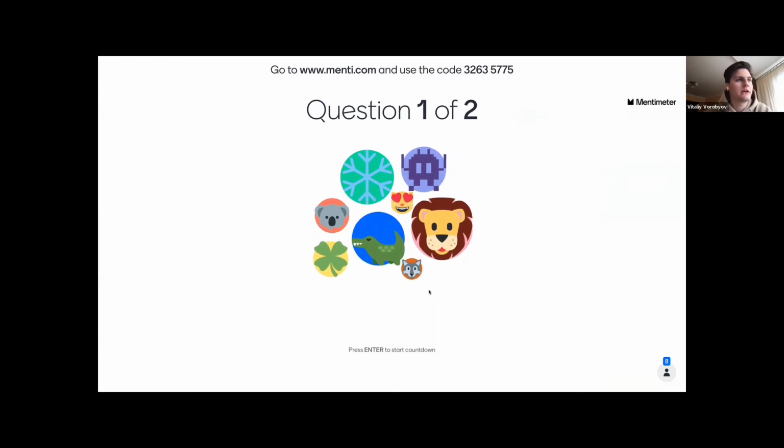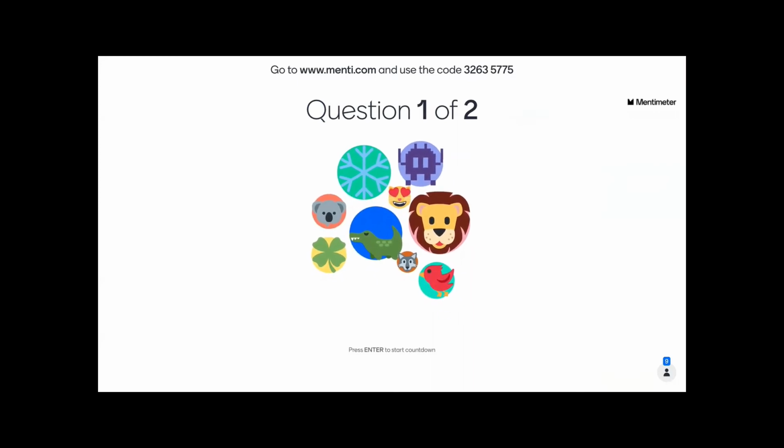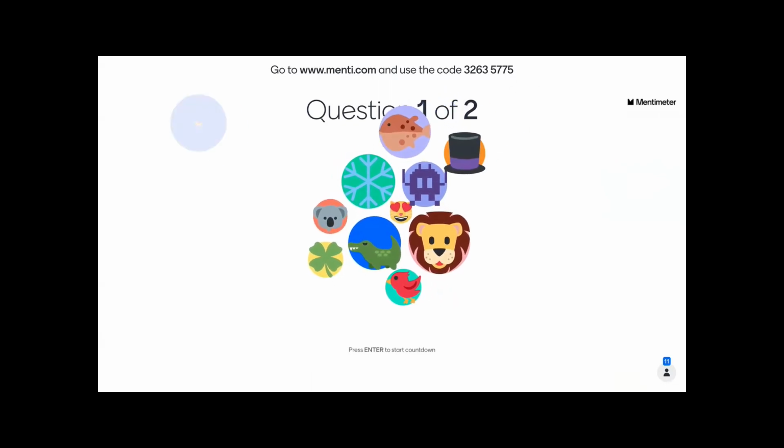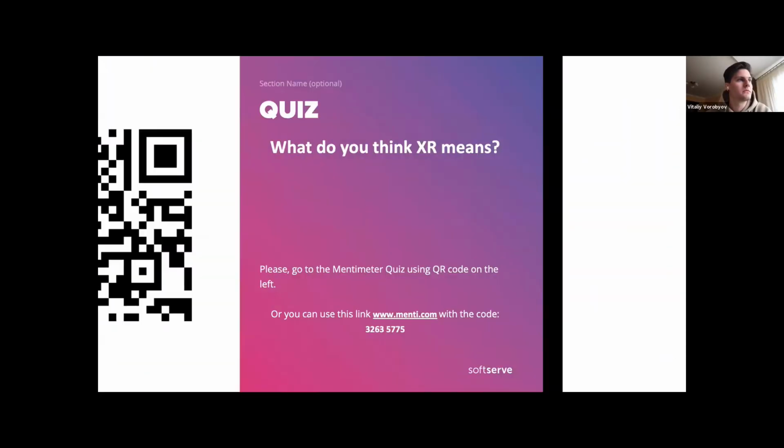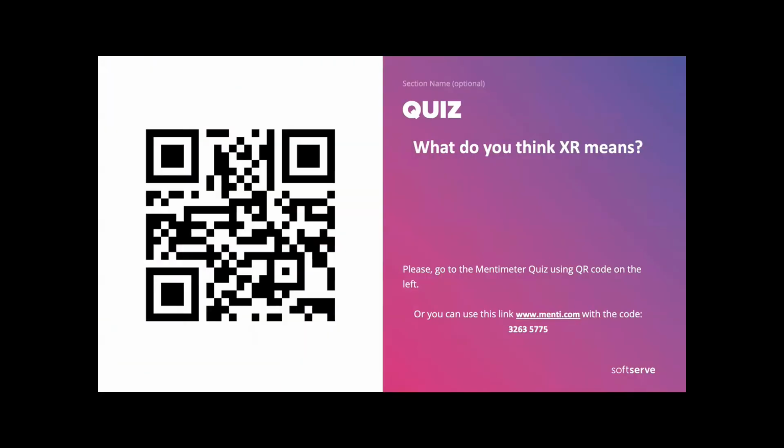So, okay, we already have some people. Let's wait for some more. Could you go back just for 1 second? I need to get the QR code for me. Oh, okay. Thanks.